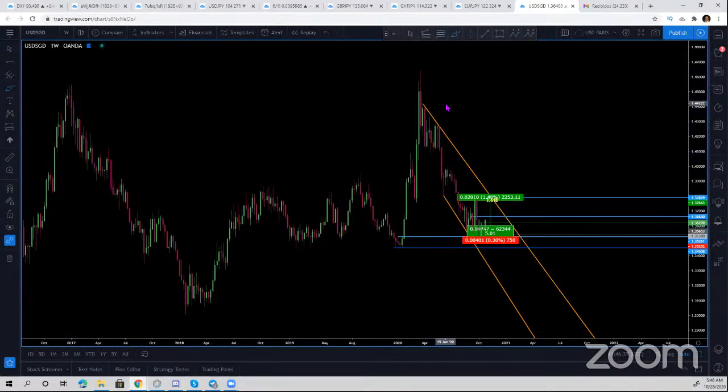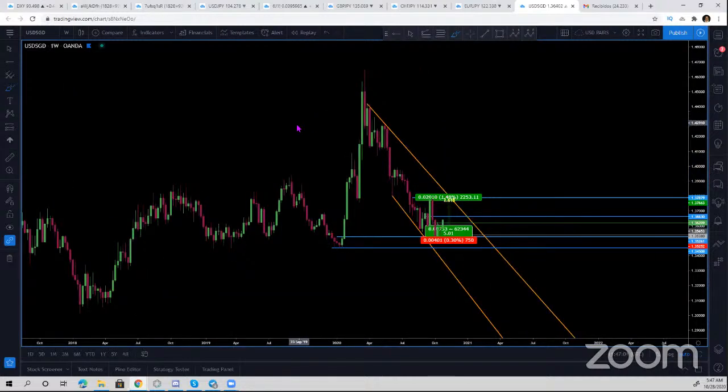I don't know if this is just a US dollar push, but it might be a Singapore dollar devaluation, right? So fundamentally, I don't know what causes that, but looking at the chart, I think this would be a good trade to hold for quite some time.